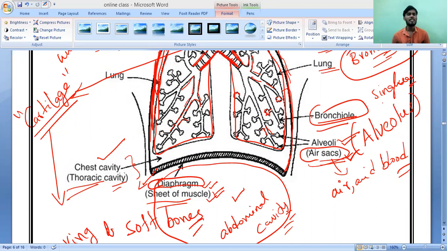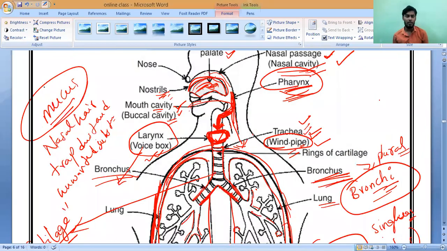There are millions of alveoli in the lungs, which provide a very large area for the exchange of gases. That is the main importance of alveoli. The count of alveoli is in millions.